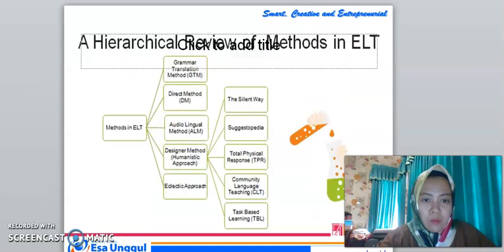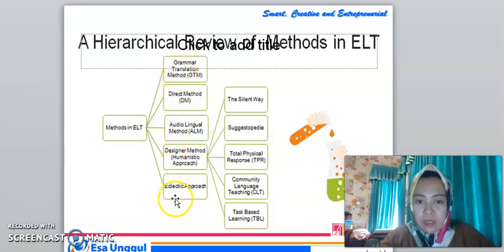If we look at methods in ELT here, there are several kinds of methods. Some familiar methods are the grammar translation method, GTM, direct method, audiolingual method, designer methods, or we can call it the humanistic approach, which is one part of method.